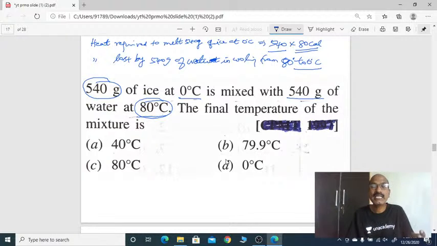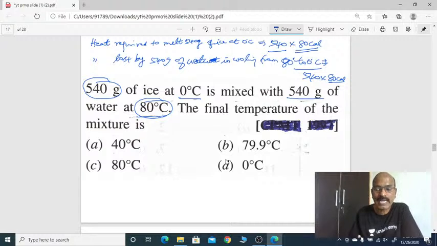The water is already at 80 degree Celsius. If you mix it with 540 gram of ice at 0 degree, then heat is lost by the 540 gram of water, which is again m into L, 540 into 80 calories.